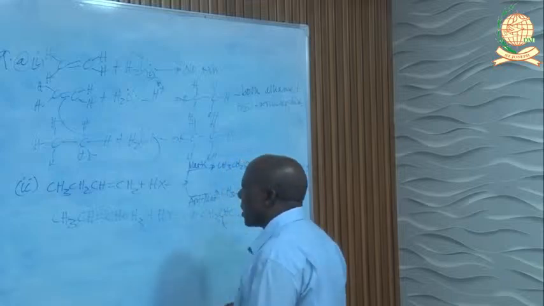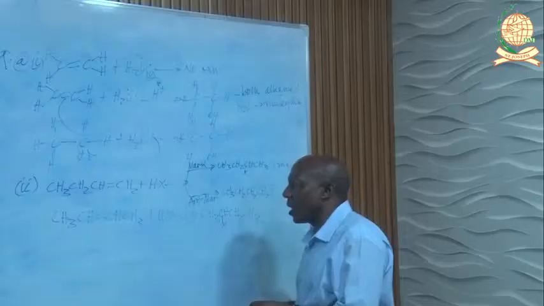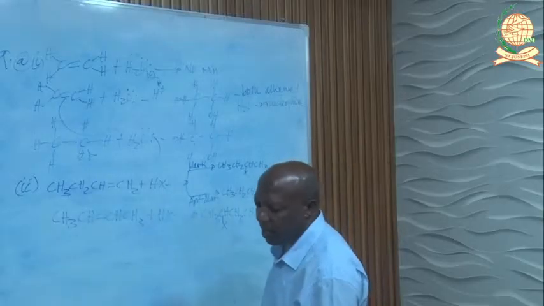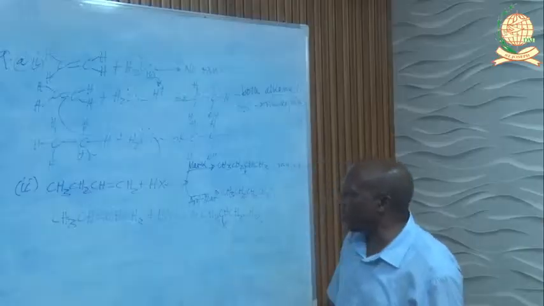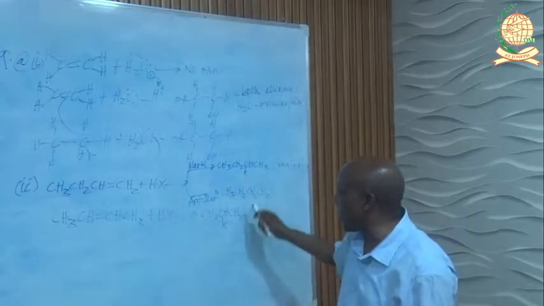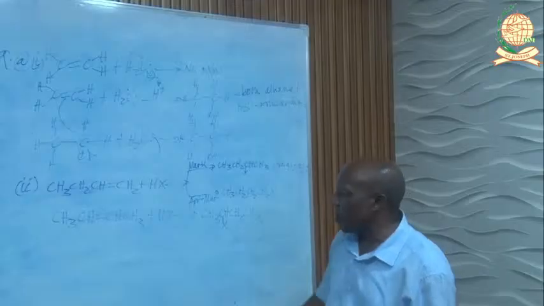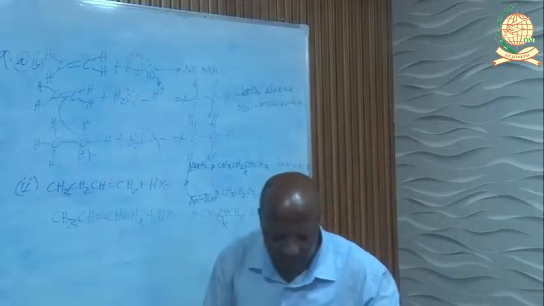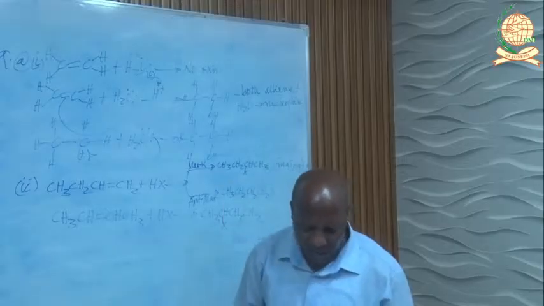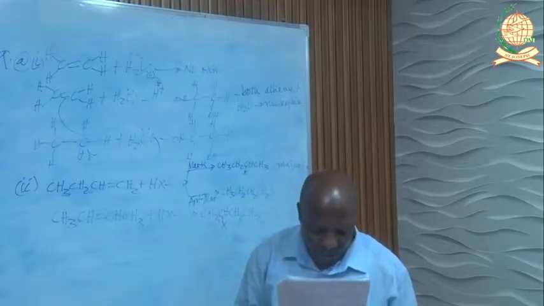So the reason here is because but-1-ene is an asymmetrical terminal alkene, so according to Markovnikov's rule and anti-Markovnikov's rule, 2 products will be formed. But but-2-ene is a symmetrical alkene, which will end up with the formation of 1 product.